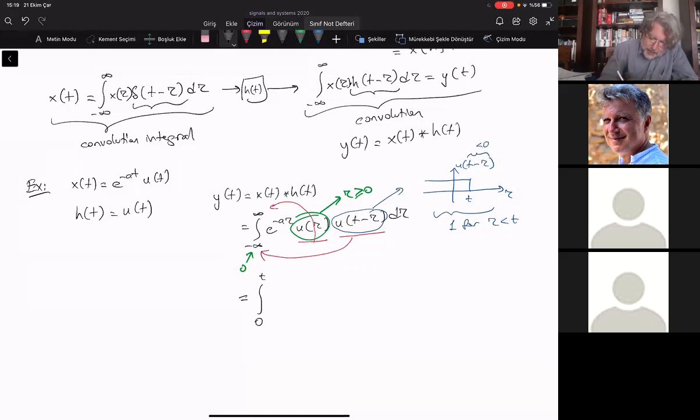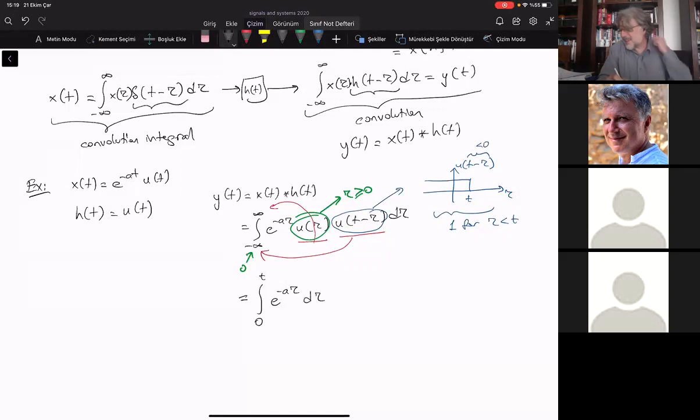And inside that one, I have e to the minus a times tau. And within this range, u of tau is 1, and u of t minus tau is also 1. So I don't need to write them. It's just a multiplication with 1, and I have d tau. Okay, this is the integral that I have, e to the minus a tau d tau. And it's an exponential term, and its integral is something that we know from calculus.